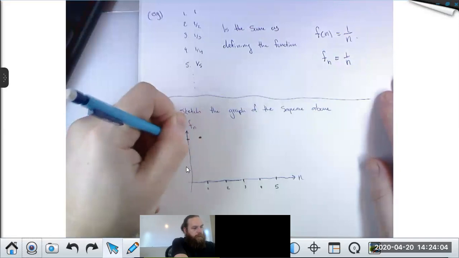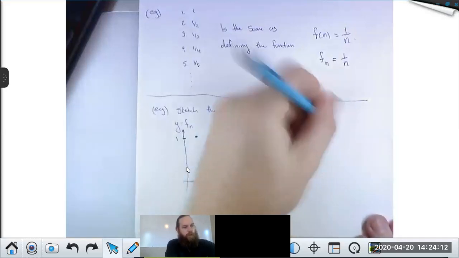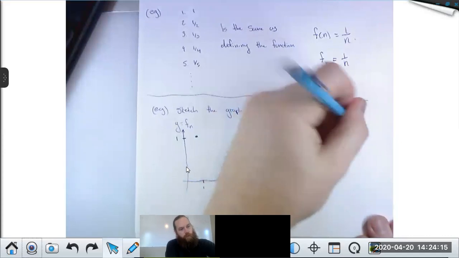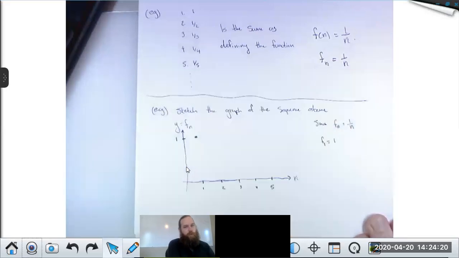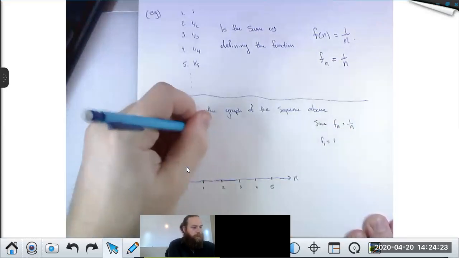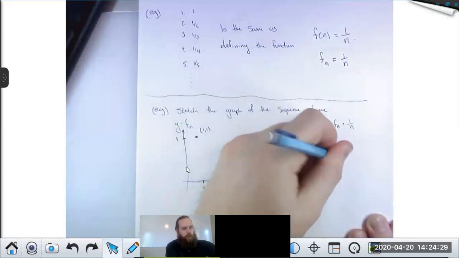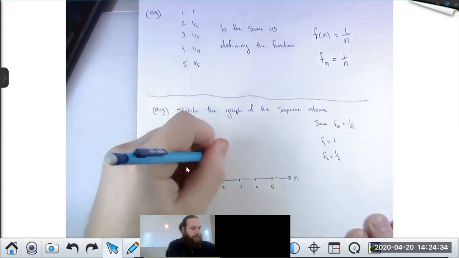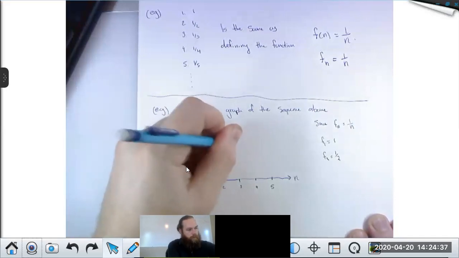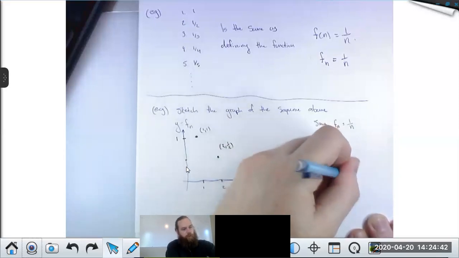When n is equal to 1, the sequence f sub n outputs 1, right? f1 is 1. So I'll do this over here. Since f sub n is 1 over n, f1, which we would call the first term of the sequence, is 1 over 1, which is 1. And so I have this point 1, 1 right here on the graph. f2 is what I get when I plug in n equals 2. That's 1/2. So that would be right here. f3, what I get when I plug in n equals 3, well, that's going to be 1/3.